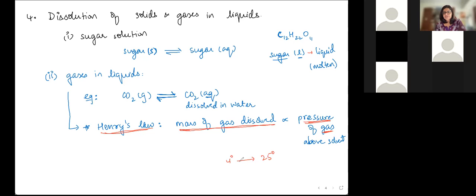As the temperature increases, the solubility of gas decreases. The carbon dioxide, as it gets warmer and warmer, gets more kinetic energy and escapes from the drink out into the atmosphere. And once it's in the atmosphere, you can't put it back in the drink. So you lose the fizz.